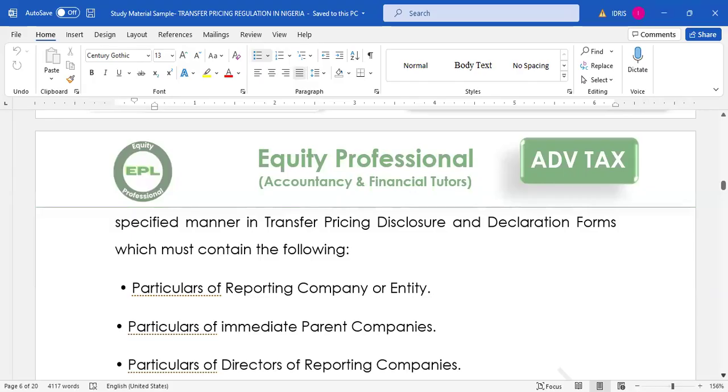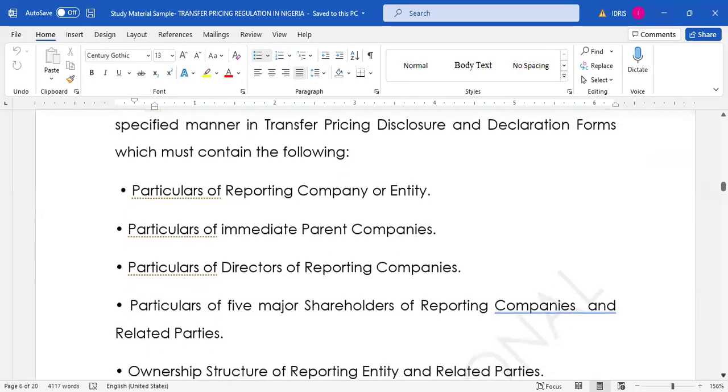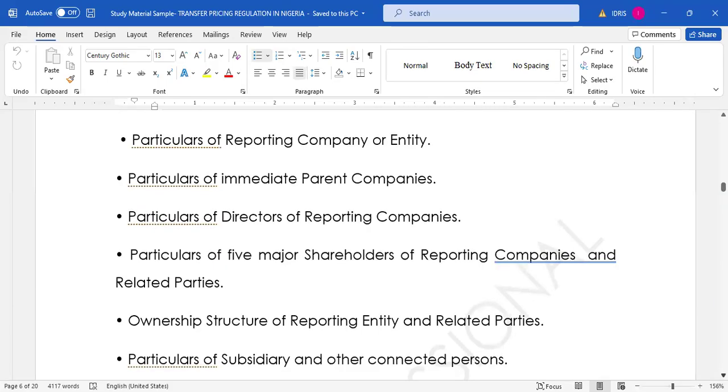Number two, particulars of immediate parent company. Number three, particulars of directors of reporting companies. Number four, particulars of five major shareholders of reporting company.